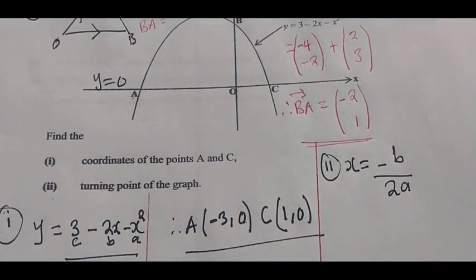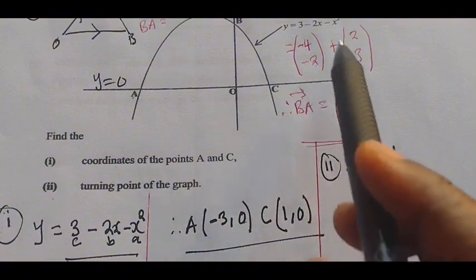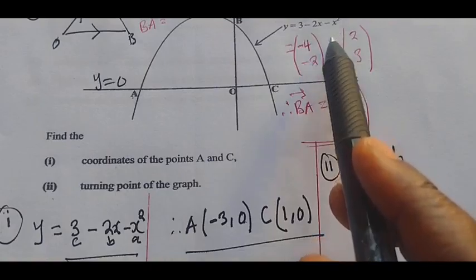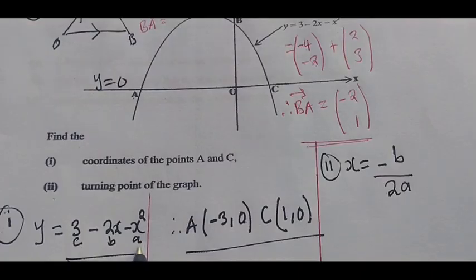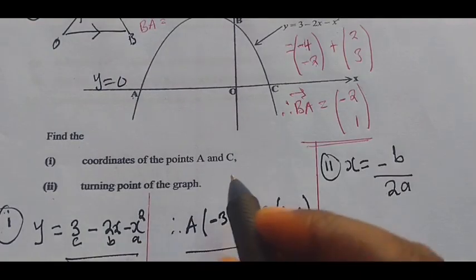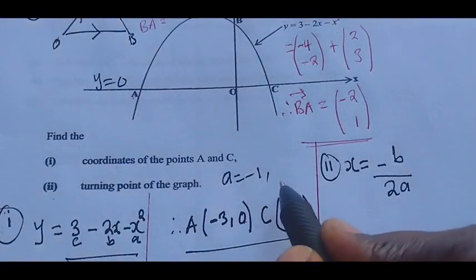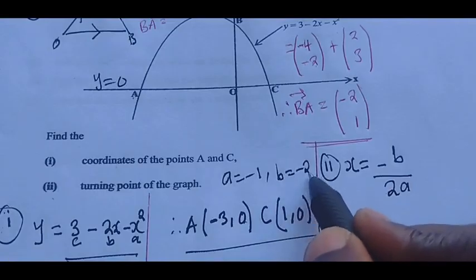That is what you can use, negative b over 2a. So what is your equation? Your equation is this one. If you look here, we did name this a, b, c. So my a is negative 1. Then what will be my b? It is negative 2 from this.